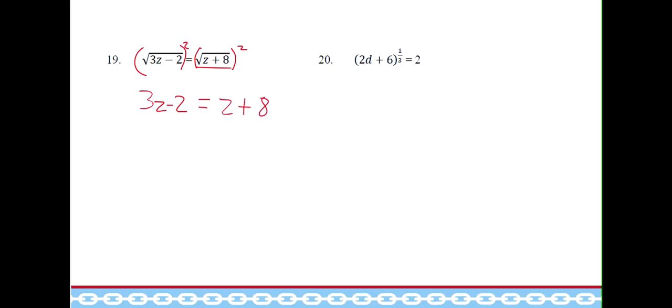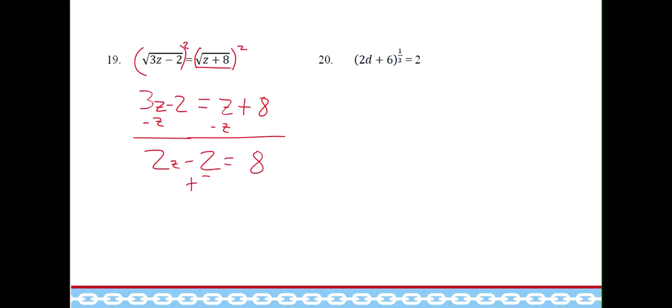So that leaves me with 3z minus 2 equals z plus 8. These are z's, so then I can subtract this z over. I get 2z minus 2 equals 8.